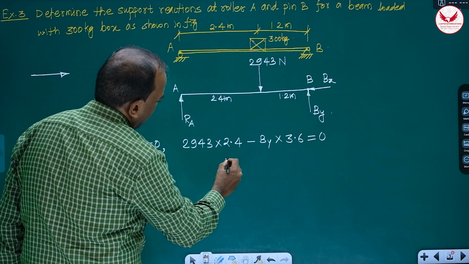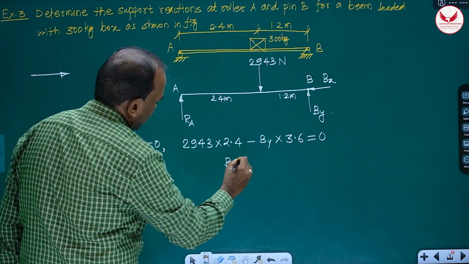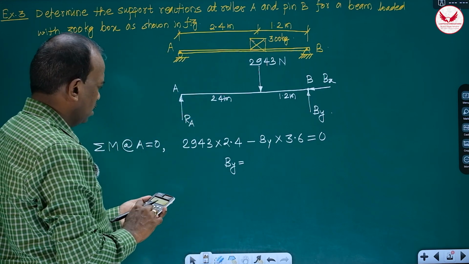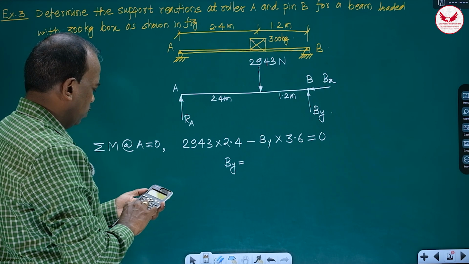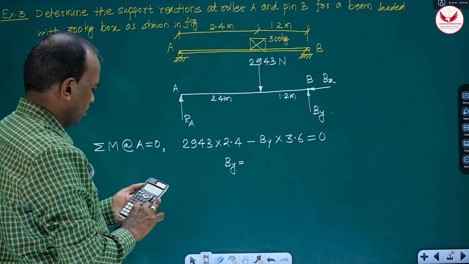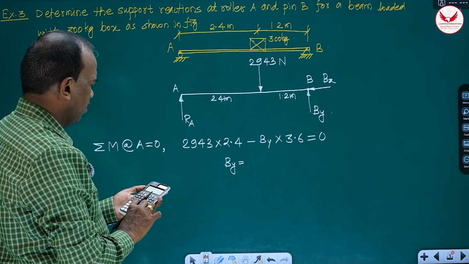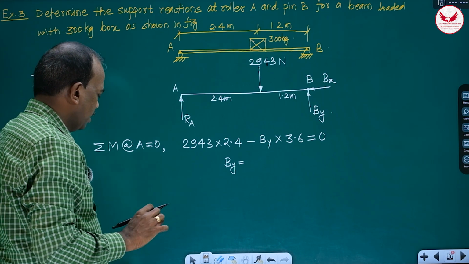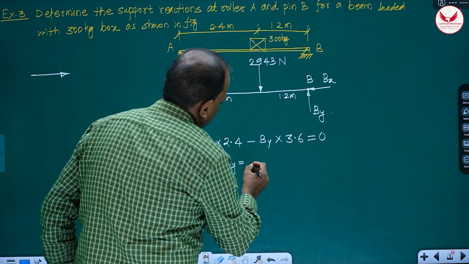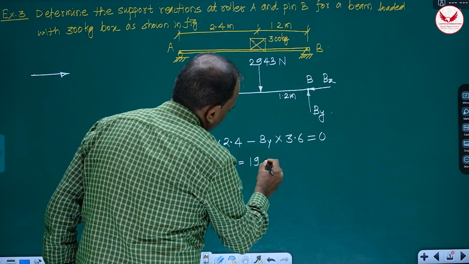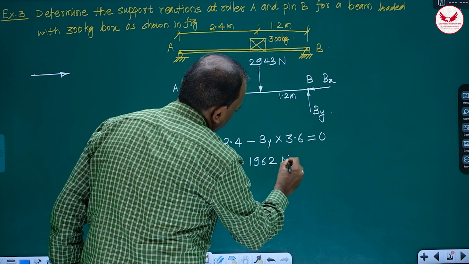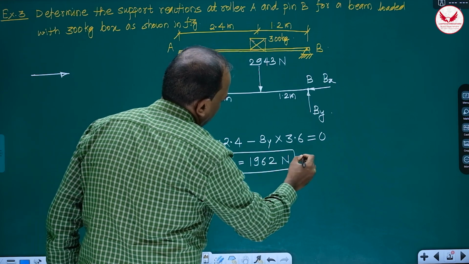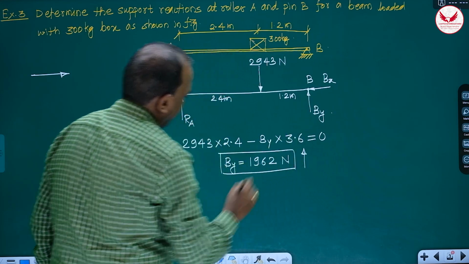And from this I'll get one component of the reaction, 2943 into 2.4 divided by 3.6. It is 1962 Newton in upward direction. This is the vertical component at B.